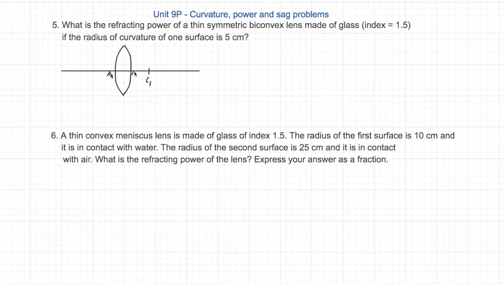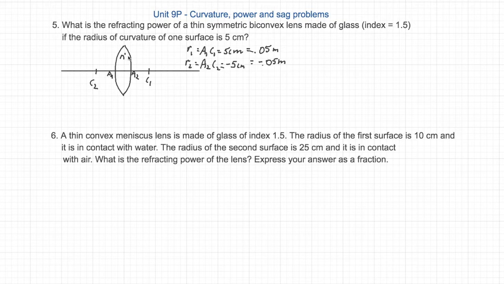So I've drawn my biconvex lens with the vertices A1, A2, and C1 and C2 on the appropriate sides. And we are given that R1, which is A1C1, equals 5 centimeters. That's 0.05 meters. And therefore, the radius of the second surface, A2C2, is negative 5 centimeters, or negative 0.05 meters.